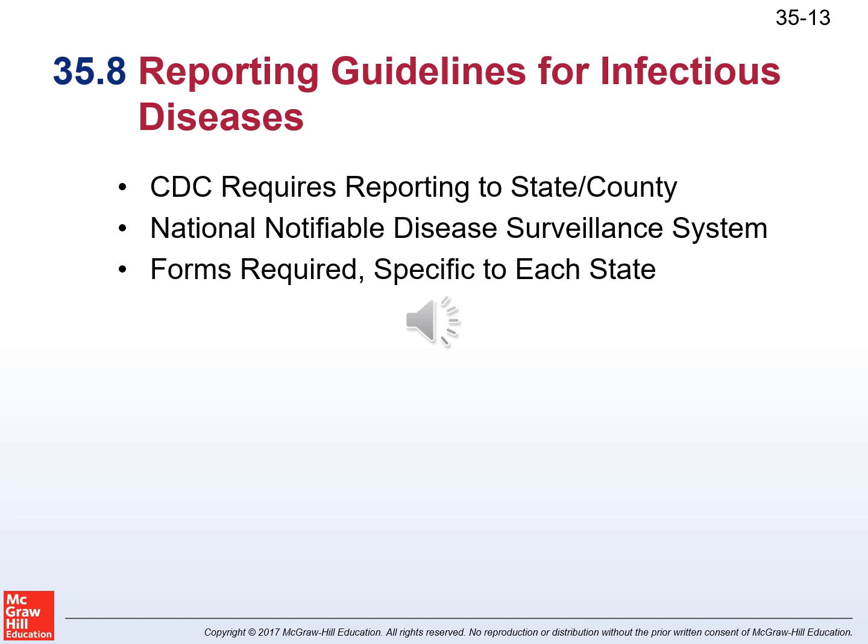Forms may vary. The information required is standard and includes disease identification, patient identification, infection history, and reporting institution information. Reporting is done either on paper forms or electronically.